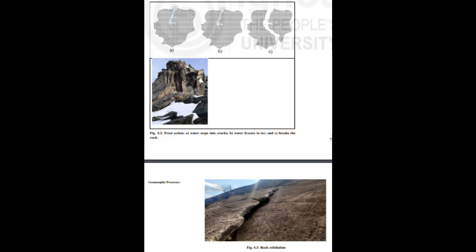Disintegration of rocks can very well be understood by the illustration given in Fig. 4.1. It begins with the formation of cracks in bedrock. When cracks widen and deepen, the rock becomes susceptible to disintegration. Those cracks are called joint lines.